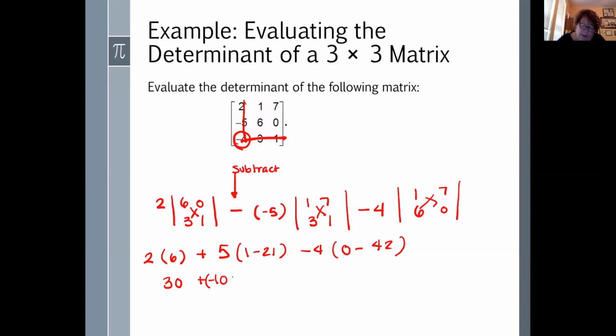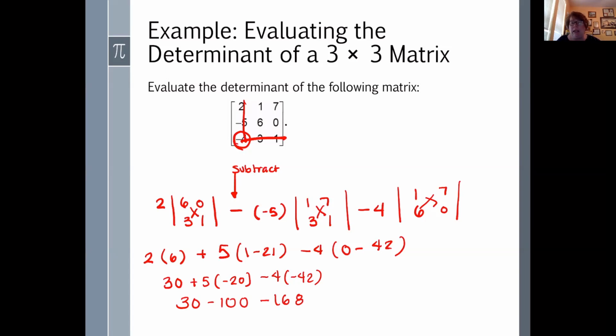Maybe a little bit neater than that. -4 times -42. All right, so let me do those calculations. I can't multiply apparently.